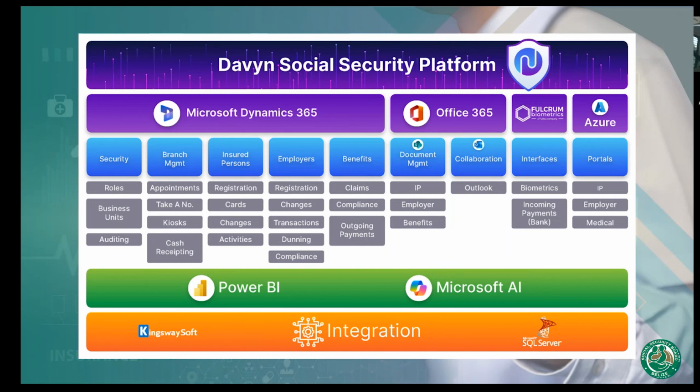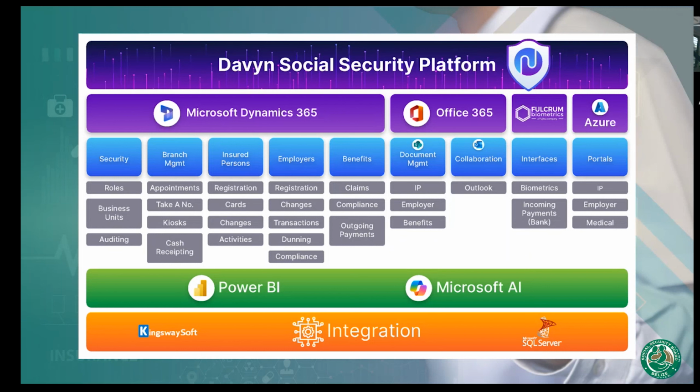We also use Power BI and Microsoft AI for reporting, just at the beginning right now, but that would allow us to have insight into the information that we collect so that we can serve you better. And then for integration and data storage and data management, we use the Microsoft integration platforms, including SQL Server and a tool called Kingsway Soft. Those are the main technical components.